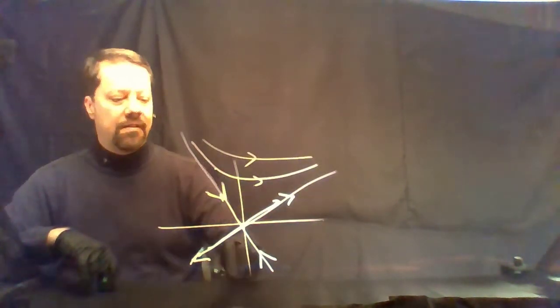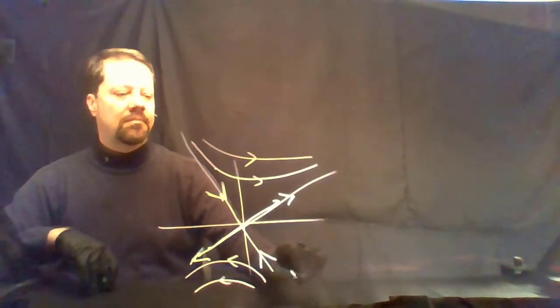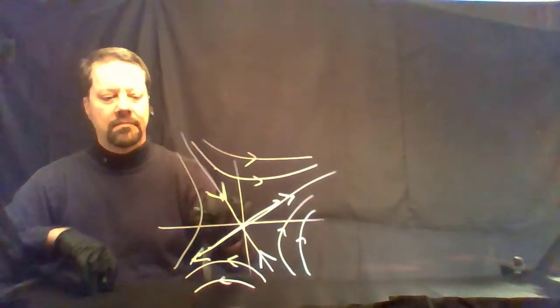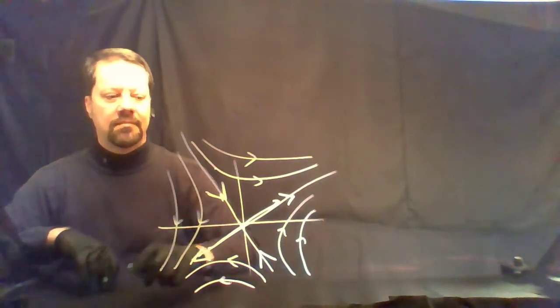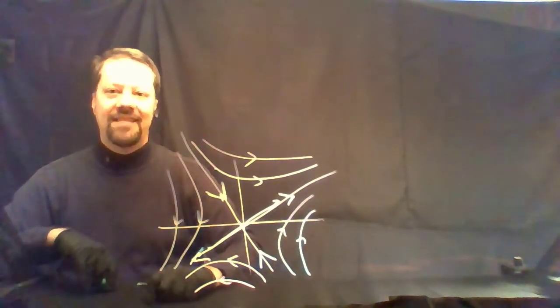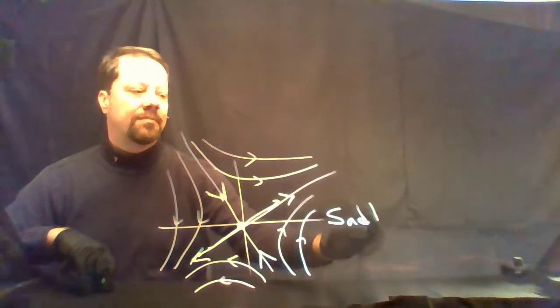So you'll end up with curves like this. In this case, the origin is called a saddle point.